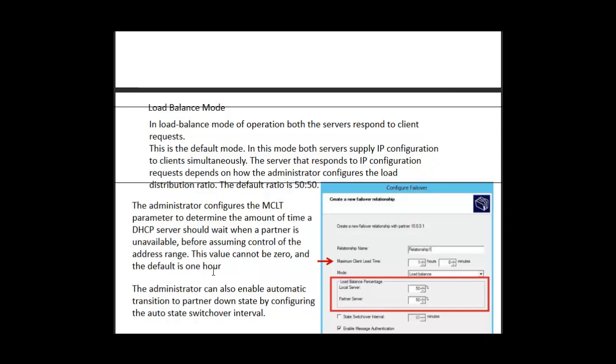As an administrator, you can also enable what we call automatic transition. And you see here state switchover interval. So the automatic transition to partner down state can be configured right here.